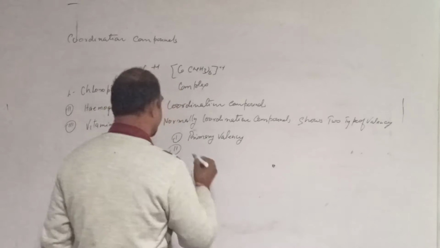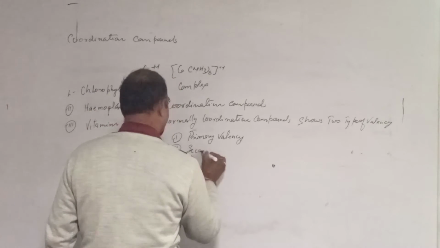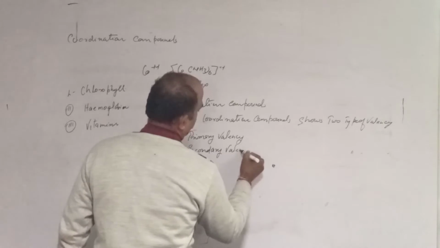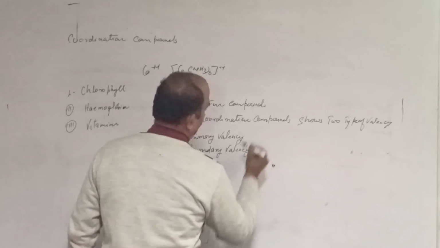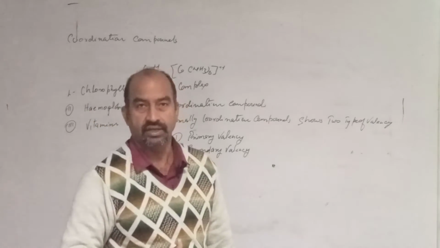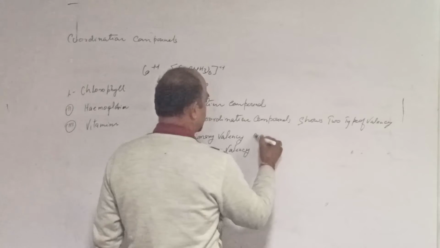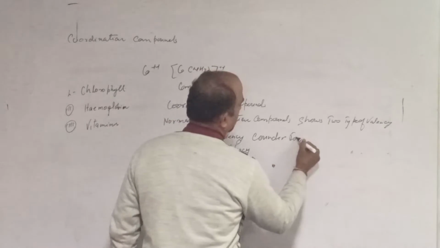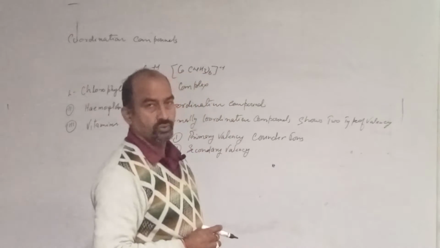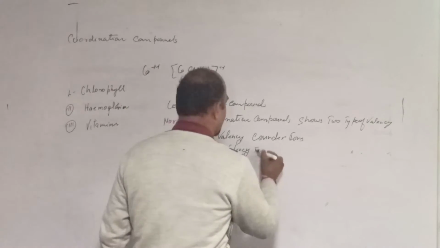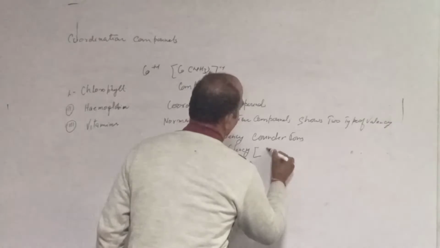Second, secondary valency. Primary valency is also indicated by counter ions. And secondary valency is indicated by the coordination entity.